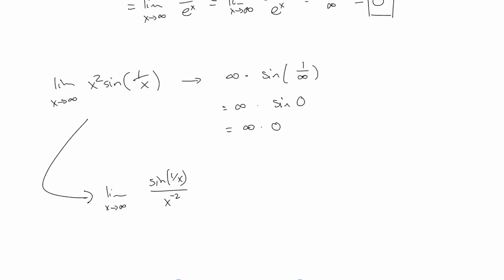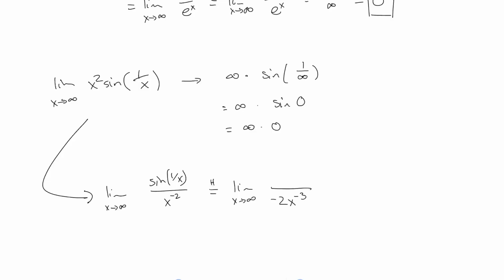This is the better way to make that into a fraction. All right. Now I'm going to do my derivatives on the top and the bottom. I guess to me the bottom is a little easier. I get negative 2x to the minus 3. That's just the ordinary power rule.